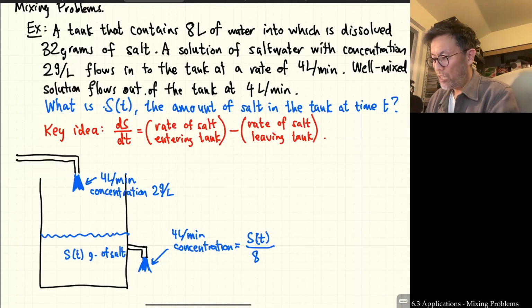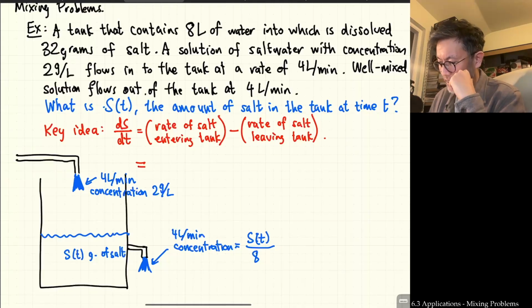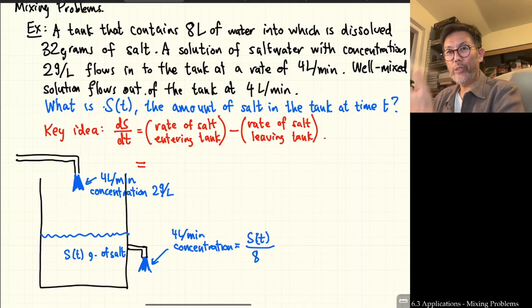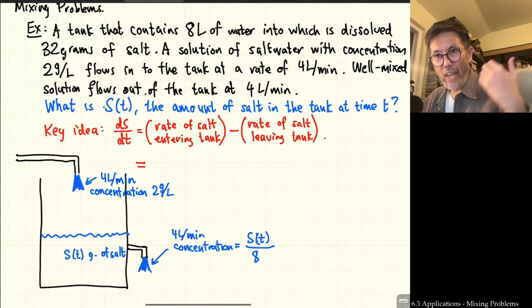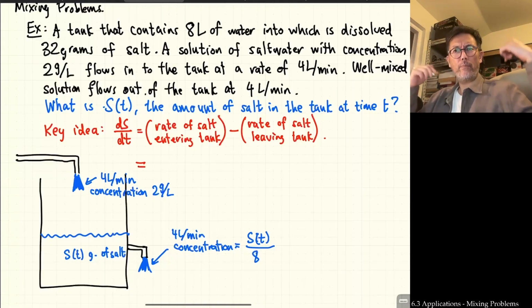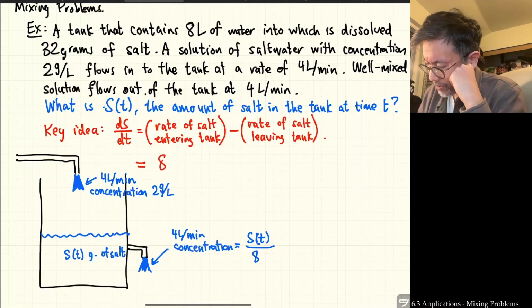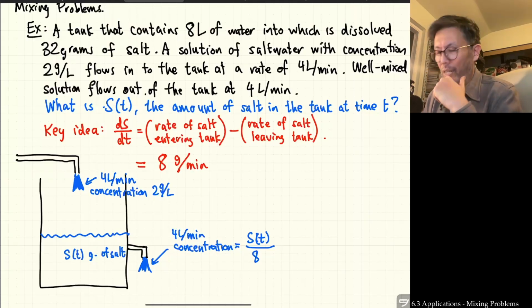Okay? So then using this key idea, based on this picture here, what is the rate at which salt is entering the tank? Well, its concentration is 2 grams per liter, and it's entering at 4 liters per minute. So the amount entering the tank is 8 grams per minute.